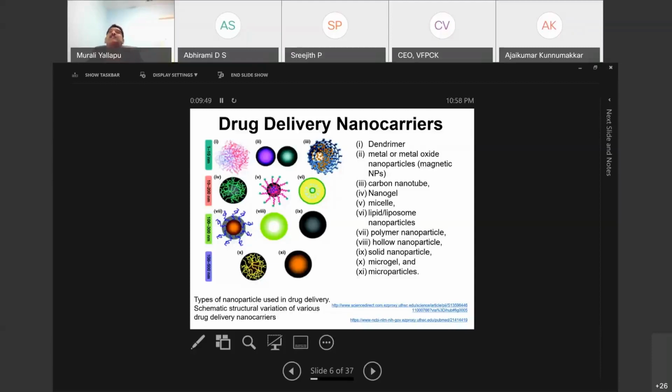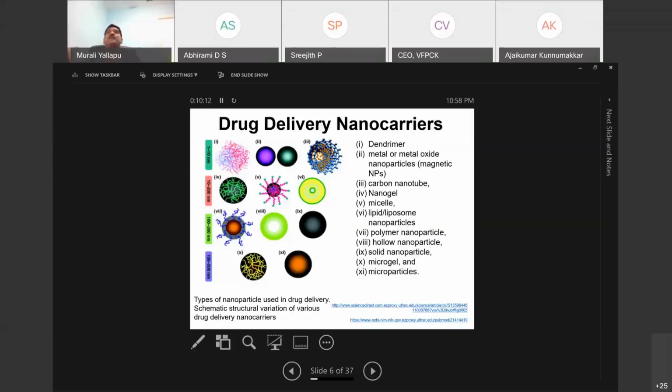All these types of drug delivery carriers can be applied for a wide variety of administration purposes to humans as well as animals, and also for some of the models that you can test prior to going for clinical studies.